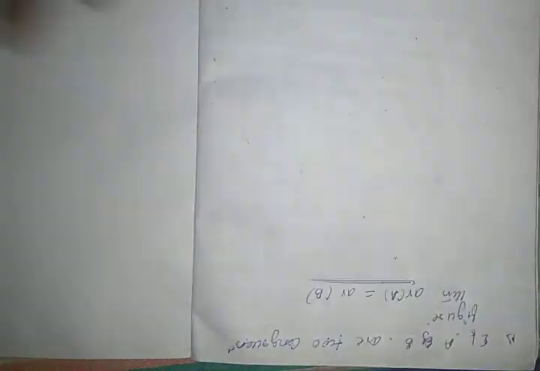We already know that if two figures are said to be congruent, they both have equal area. Then area of A is equal to area of B, because both are congruent figures. This is the first condition.